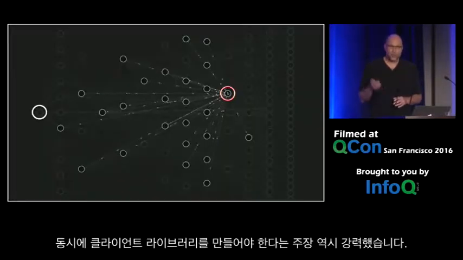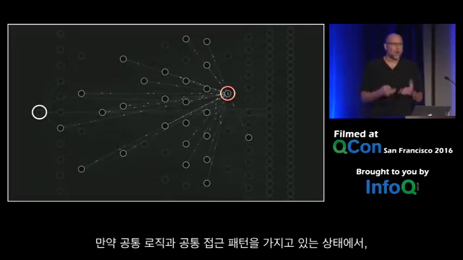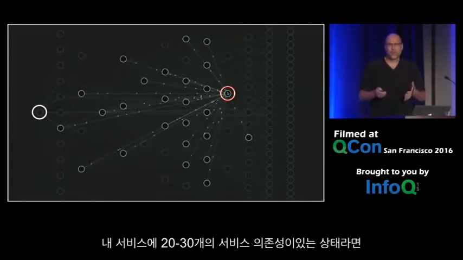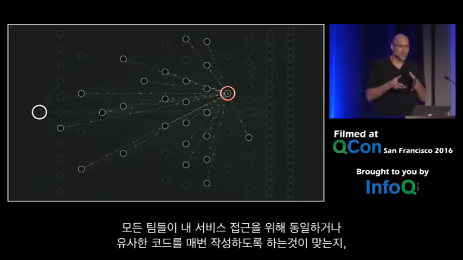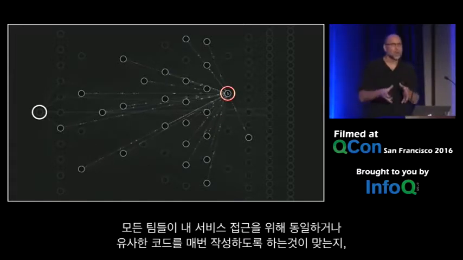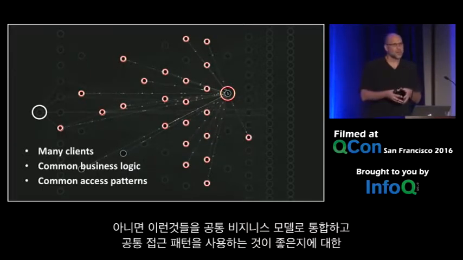And yet at the same time, there are really compelling arguments for building client libraries. If I have common logic and common access patterns for calling my service, and I've got 20 or 30 different dependencies, do I really want every single one of those teams writing the same code or slightly different code over and over again? Or do we want to simply consolidate that down into common business logic and common access patterns?